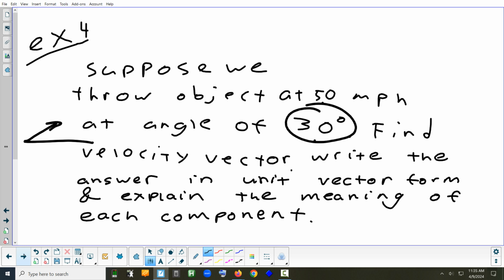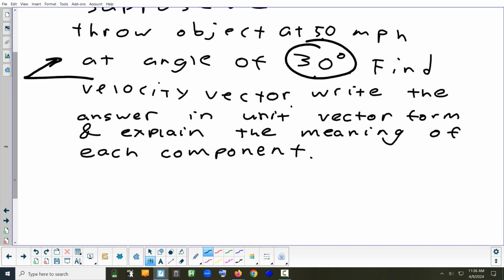Okay, so our speed is 50 miles an hour. The angle's 30 degrees. They want us to write that as a velocity vector. So break the 50 and the 30 into its components. What's going to be the formula for my horizontal component?